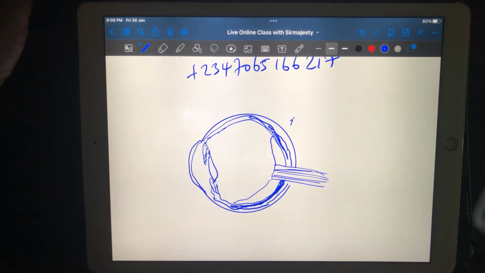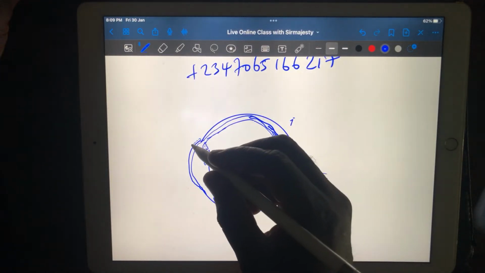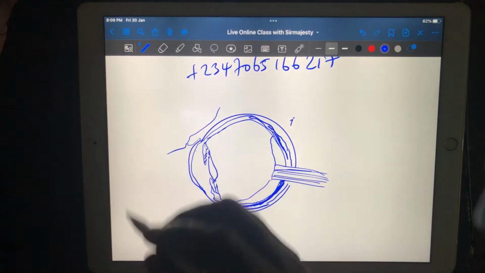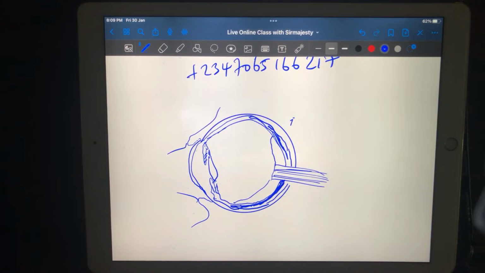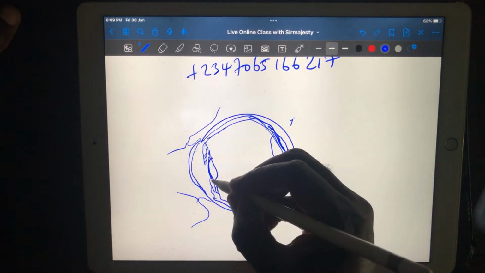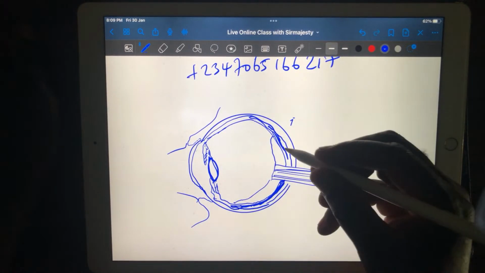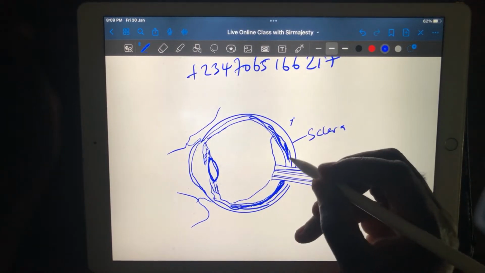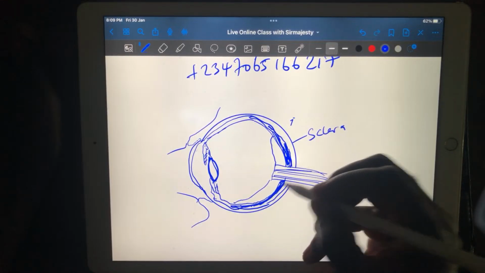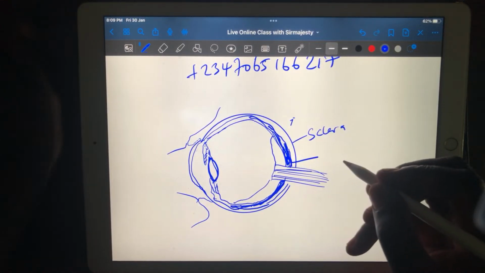All right. So it's a rough sketch anyway, but to teach you, this is the sclera or sclerotic layer. Then this one is the choroid layer.